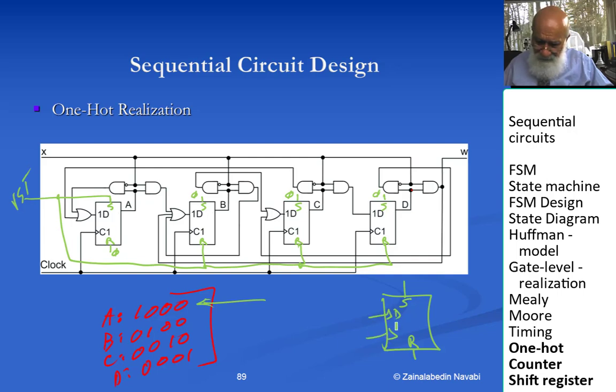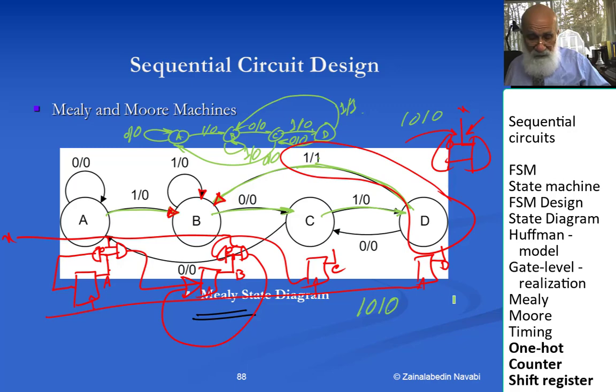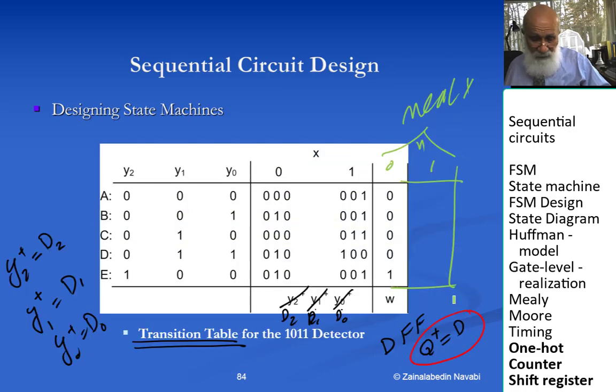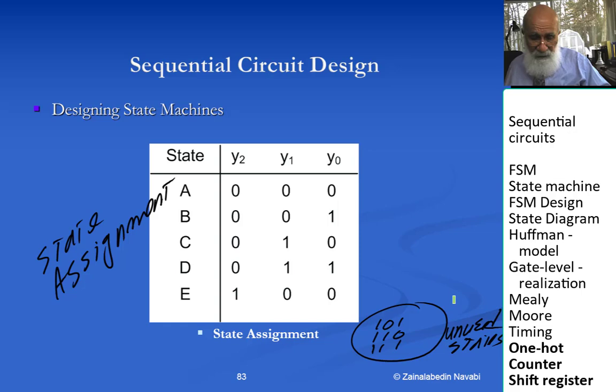Okay, and this is rising edge clock. And this is called one-hot realization. I could do this for the Moore machine as well, and this would require 5 flip-flops.